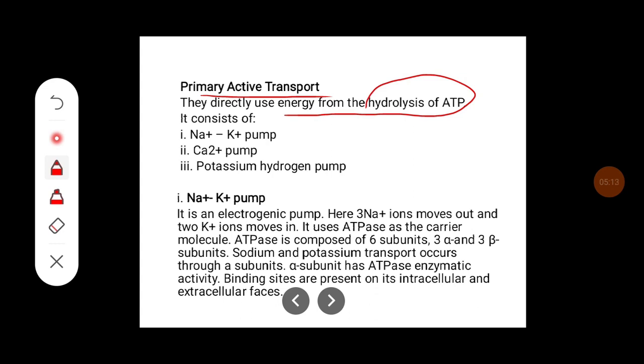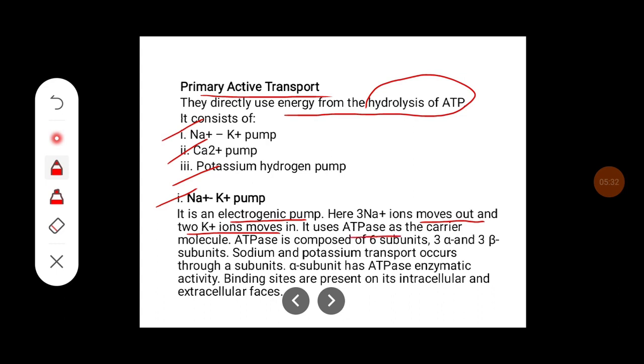Some examples of primary active transport are the sodium potassium pump, calcium pump, and potassium hydrogen pump. The sodium potassium pump is an electrogenic pump. Here 3 sodium ions move out and 2 potassium ions move in.